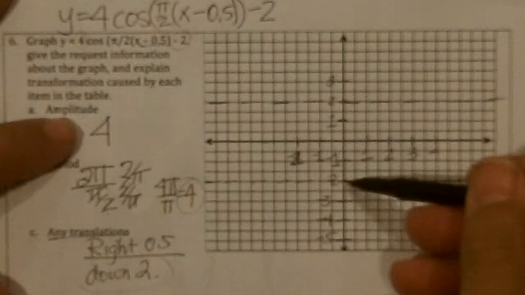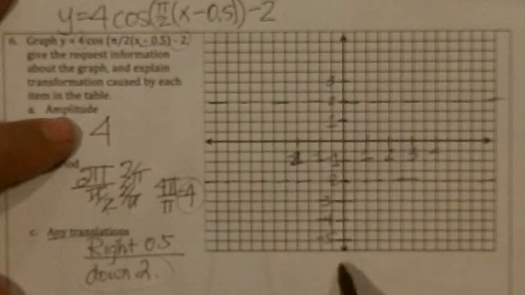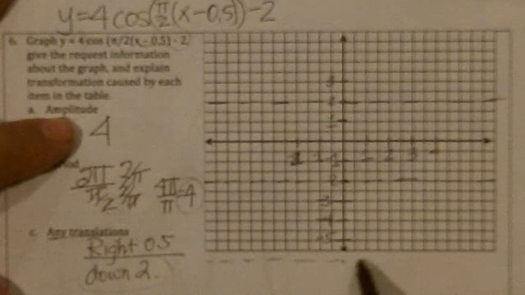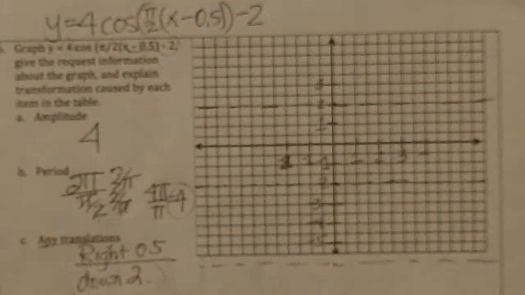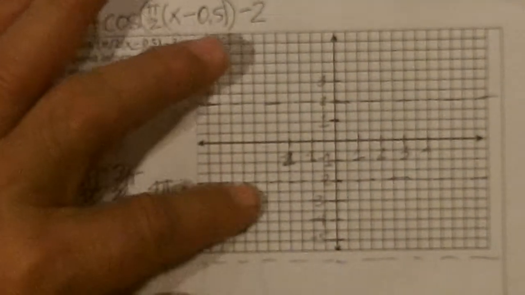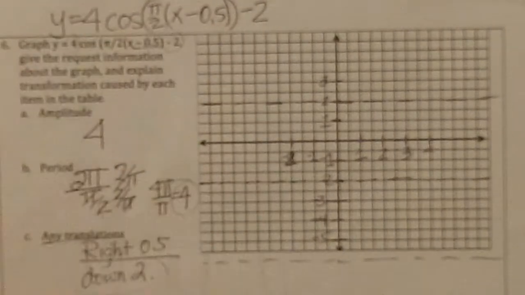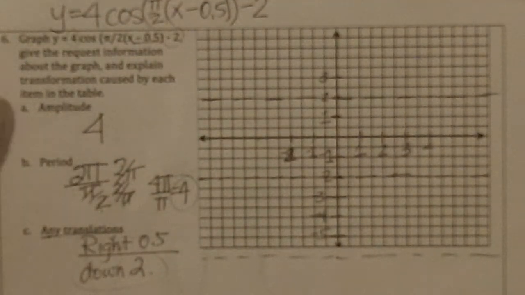And then you have to go 4 below the -2, which is down here at -6, just off the graph. That's the bottom of the curve. We've got to touch both of those lines. Amplitude is how far above and below the center line.